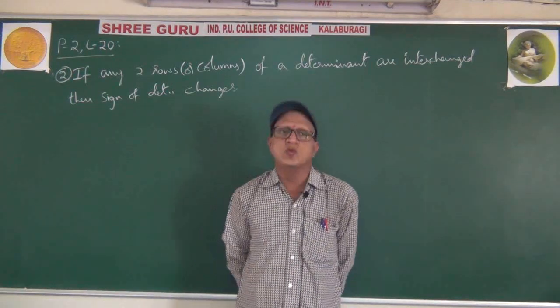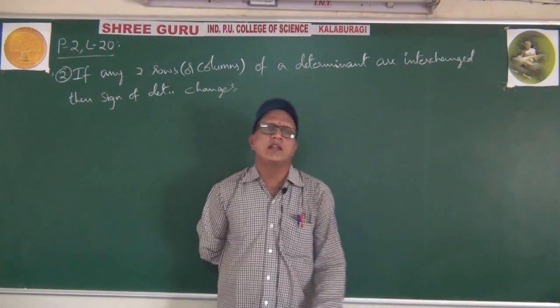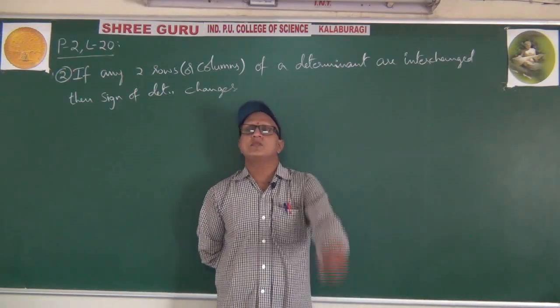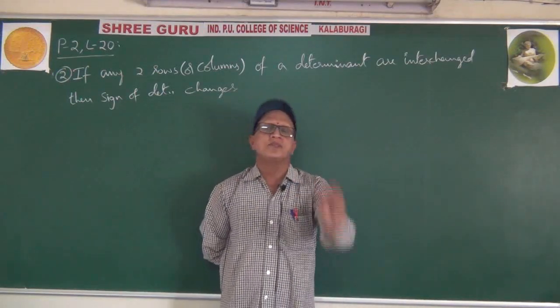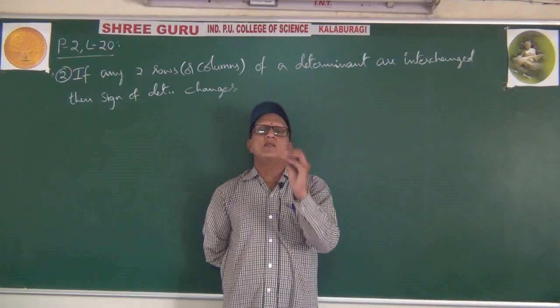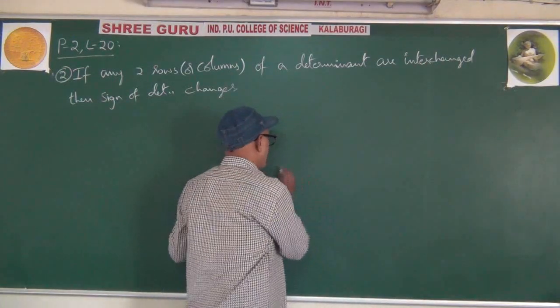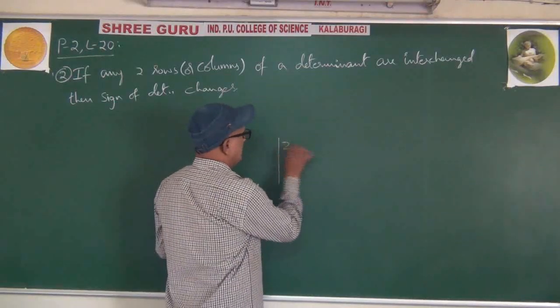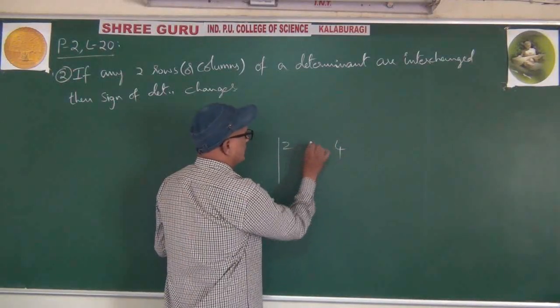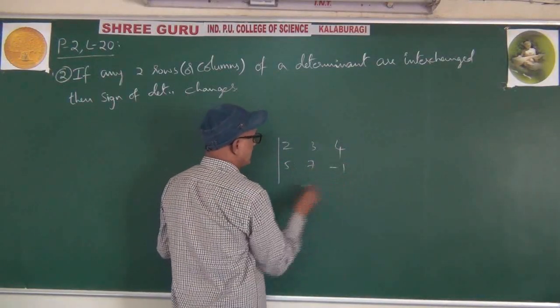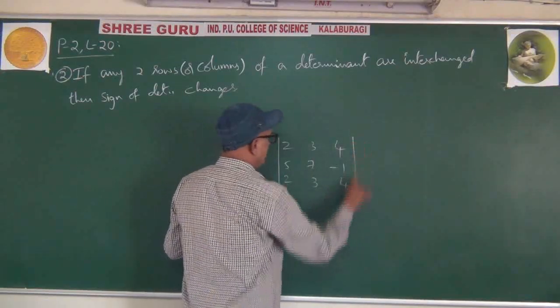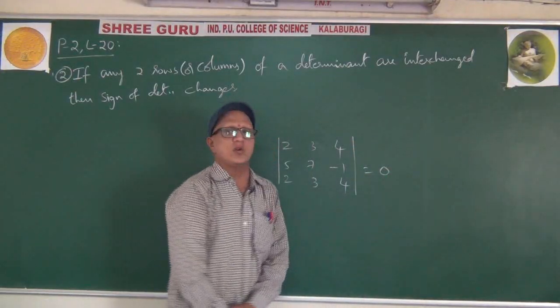If any 2 rows or any 2 columns are same, then the value of the determinant is 0. Example: 2, 3, 4, 5, 7, minus 1, 2, 3, 4, answer 0.